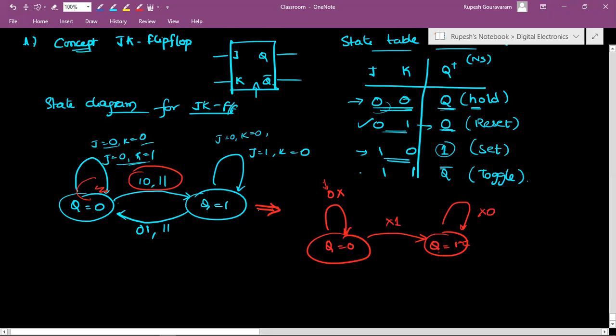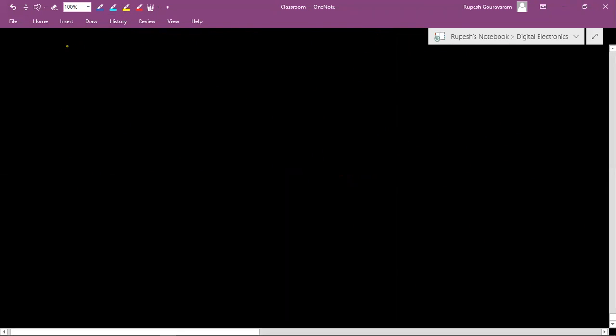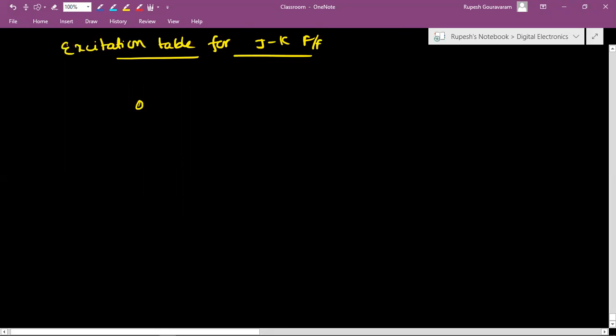Okay, now we are going to see the excitation table for the JK flip-flop. Excitation table means we will take the output and we will evaluate the input.